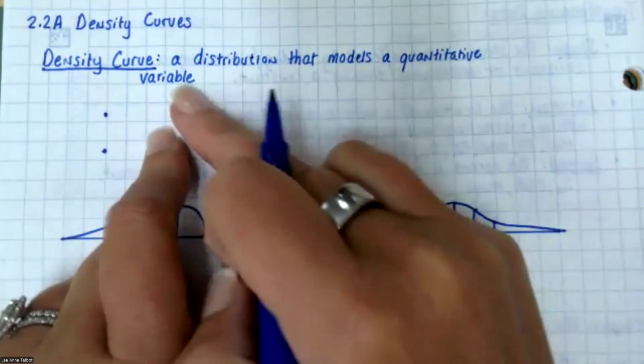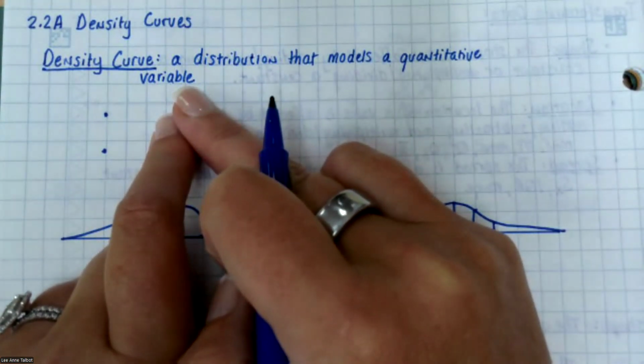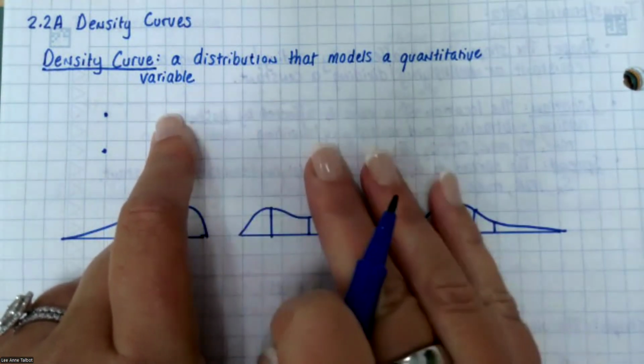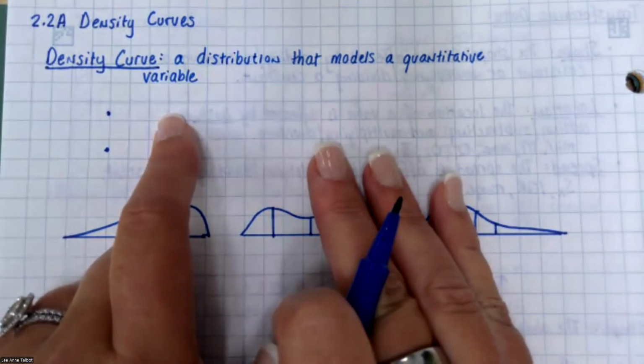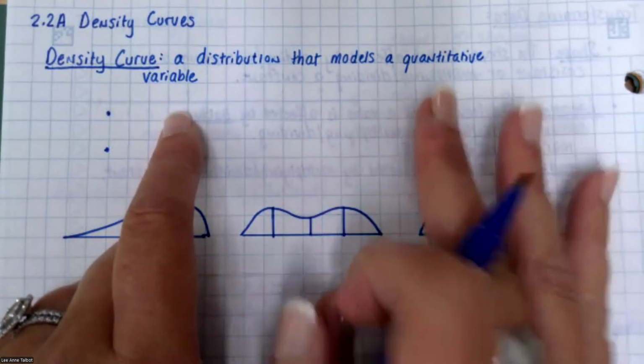And it models a quantitative variable, which means a measurement, whatever it makes sense to take the average of. So specifically numbers.